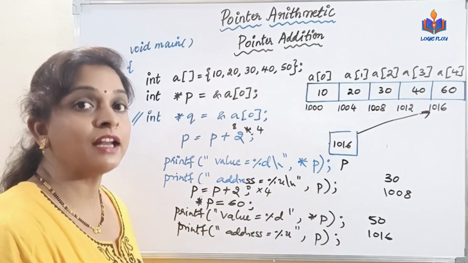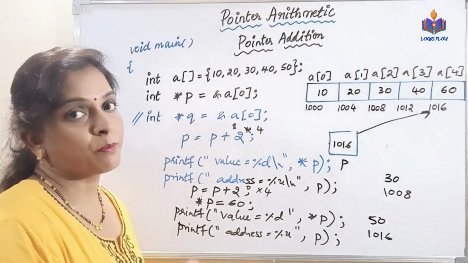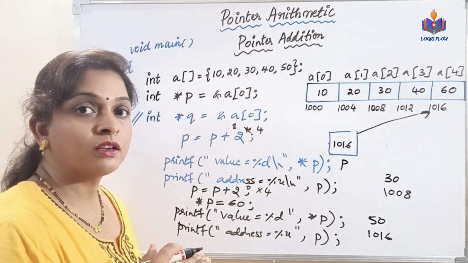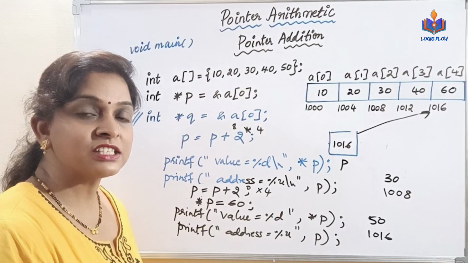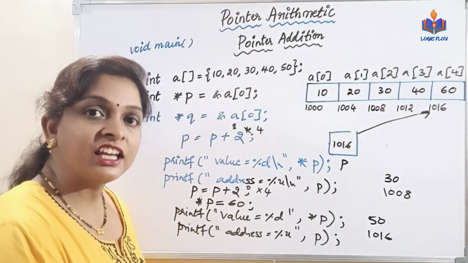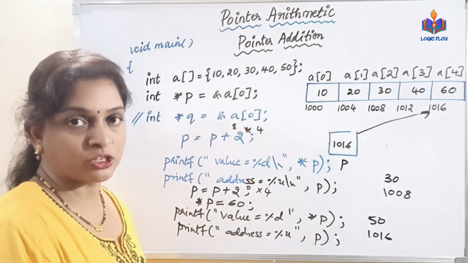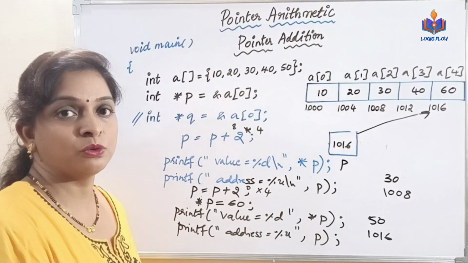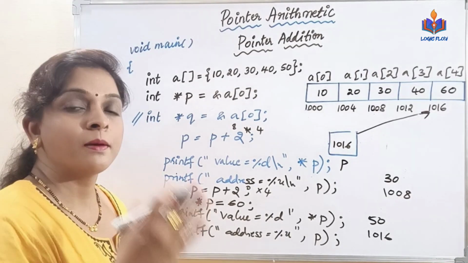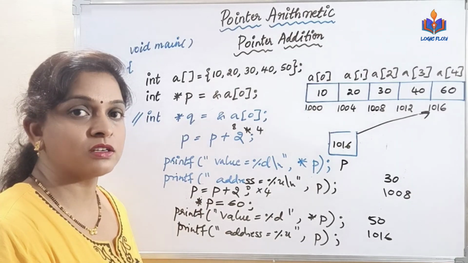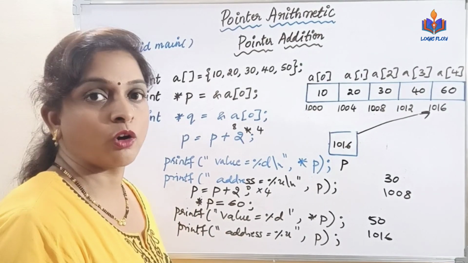So we can add a value to a pointer. Pointer addition means adding an integer value to a pointer if it is an integer pointer. Two different pointers or two pointers cannot be added.